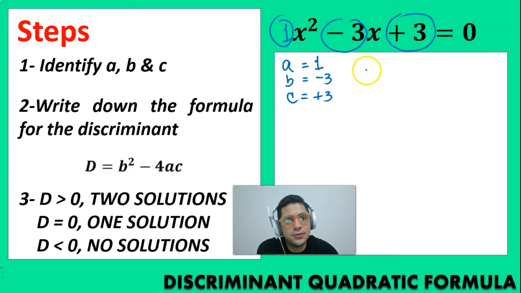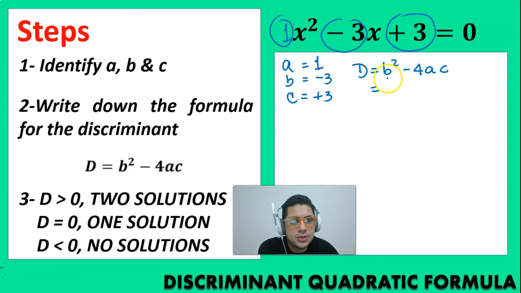And now we're going to write down the formula of the discriminant. So D is going to be equal to B squared minus 4 times A times C. So B to the power of 2 is going to be minus 3 to the power of 2, minus 4 times A times C. So we're going to get 9 minus 4 times 1 times 3.